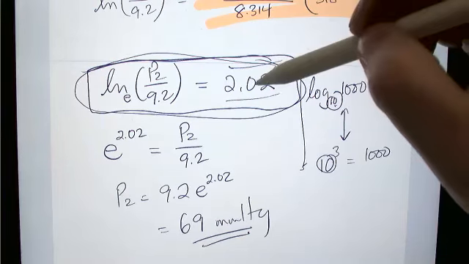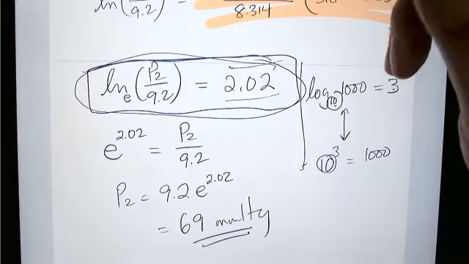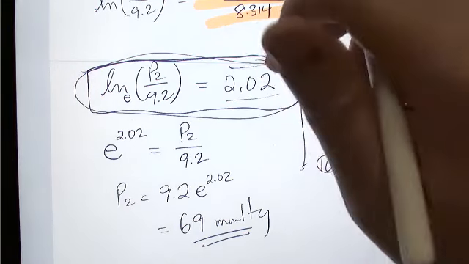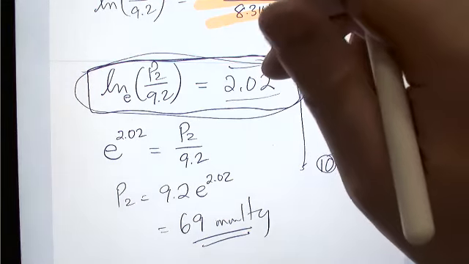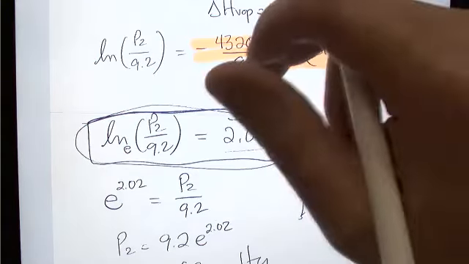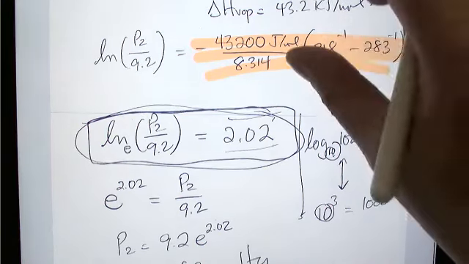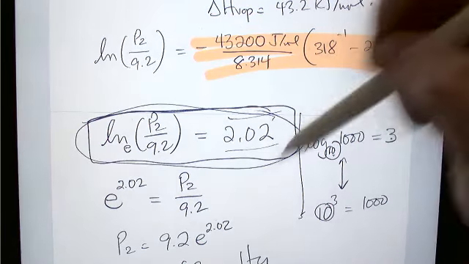I said it should give you an answer like 1 or 2 or 3 or 4. 45 is not 1 or 2 or 3 or 4, right? When you take e and raise to the power of 45, you're going to get an incredibly large number, aren't you? So your answer is right. Your mistake is in there.